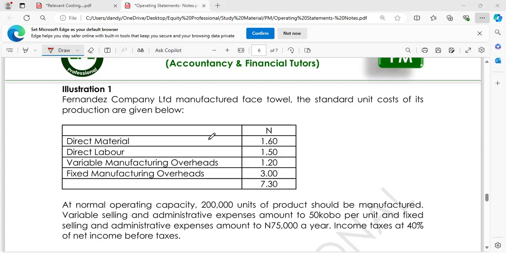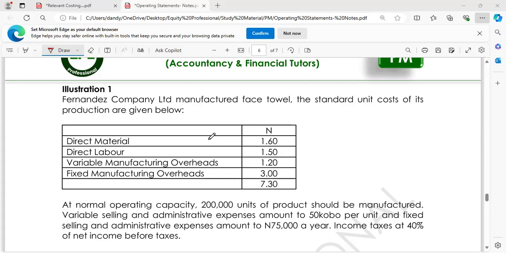This topic, marginal and absorption costing, is a self-balancing kind of question anytime the examiner gives it out. If your reconciliation statement is balanced, that means what you have done is perfectly okay.